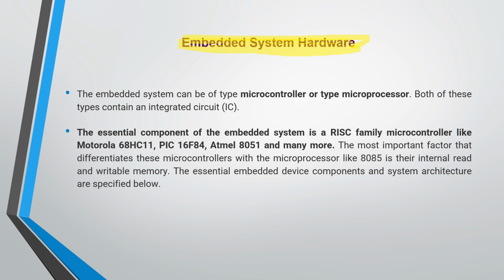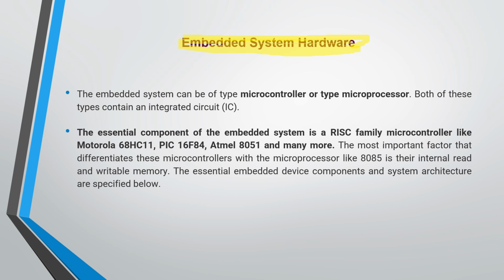The most important factor that differentiates these microcontrollers from a microprocessor like the 8085 is their internal read-write capabilities. A microcontroller has the capacity of doing one or another task, but a microprocessor is basically the computer itself. The computer runs using the processor, not the microcontroller.